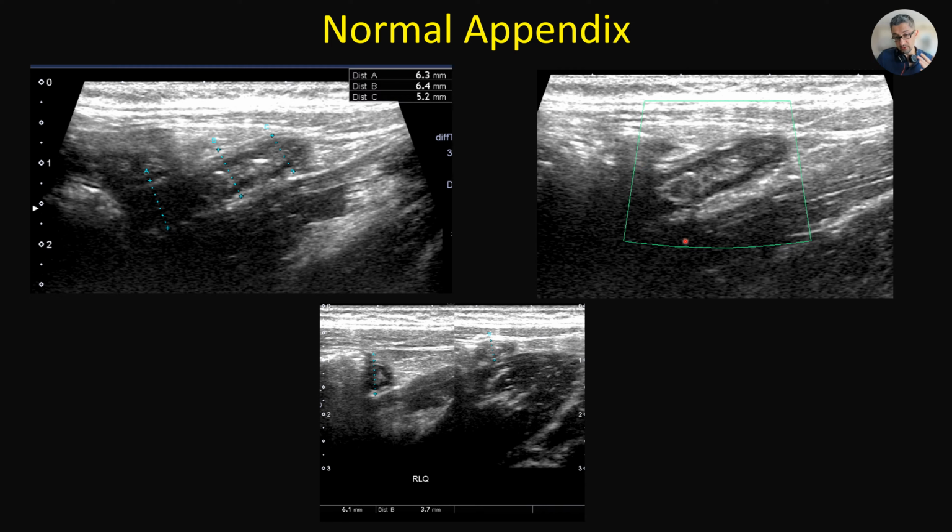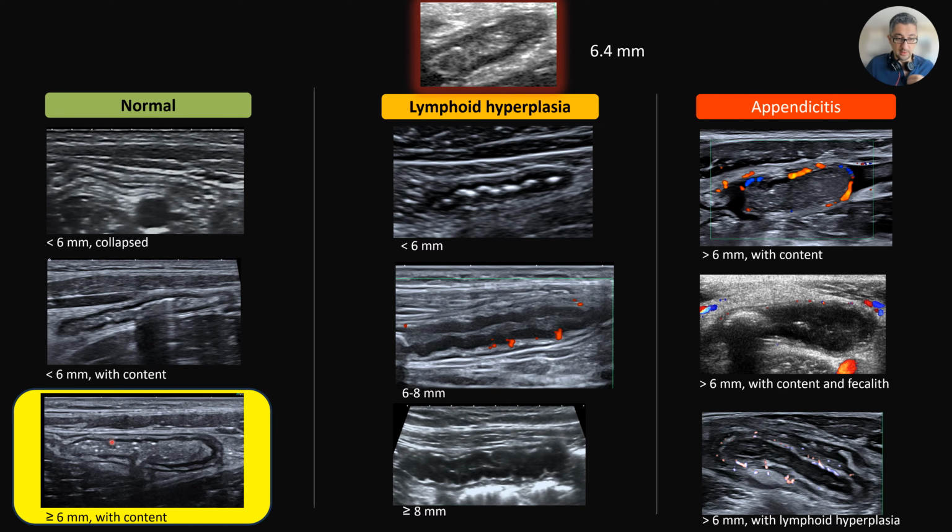And there is no hyperemia. There is no increased echogenic fat. So this should not be considered as creeping fat or increased echogenicity because this is diffuse. This is not more pronounced around the appendix, and this should not be overcalled. So this patient is actually falling into a normal appendix without lymphoid hyperplasia and over 6 millimeter.